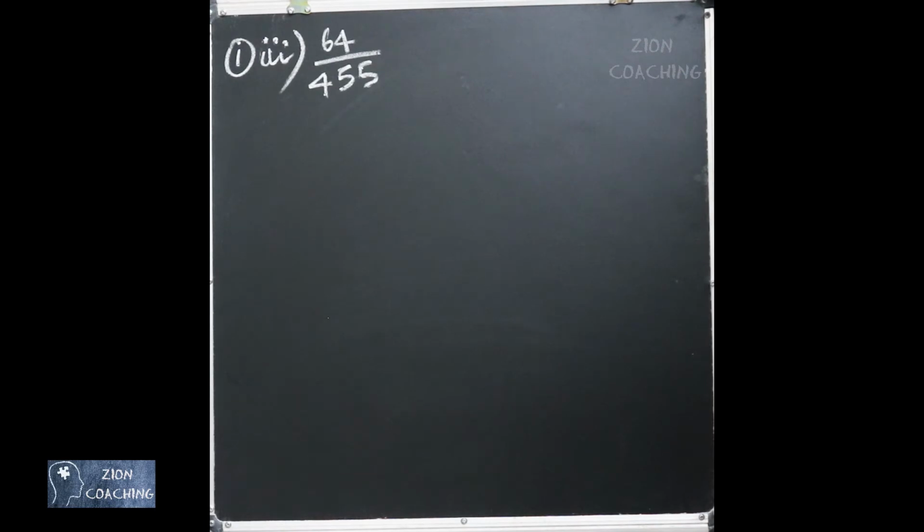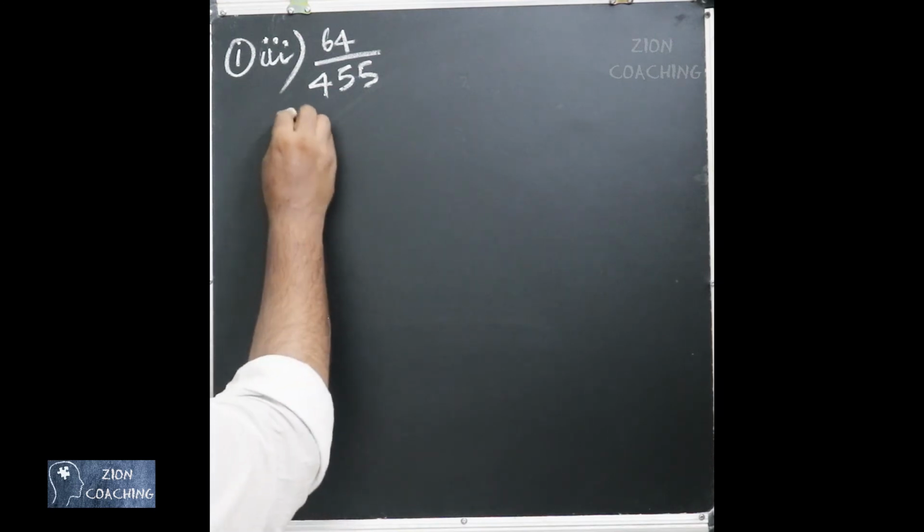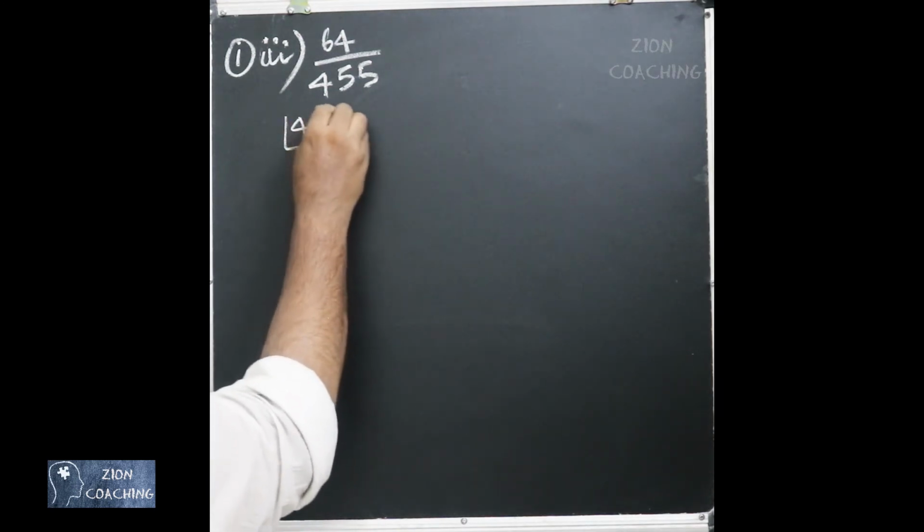The number we have here is 64 by 455. Without actually dividing 64 by 455, we are going to find whether it is going to terminate or repeat. So first we will prime factorize the given denominator.